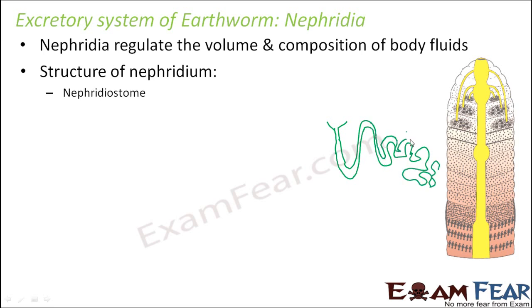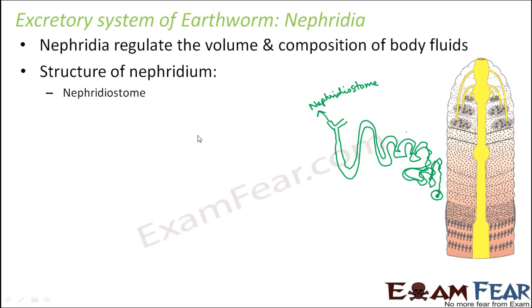Something like this, and then this coiled tube ends in a small pore. So this is the small pore which you see here, but actually inside this tube has a coiled tube, and then that tube is connected to a funnel shaped structure. So this funnel shaped structure is nothing but nephridiostome.